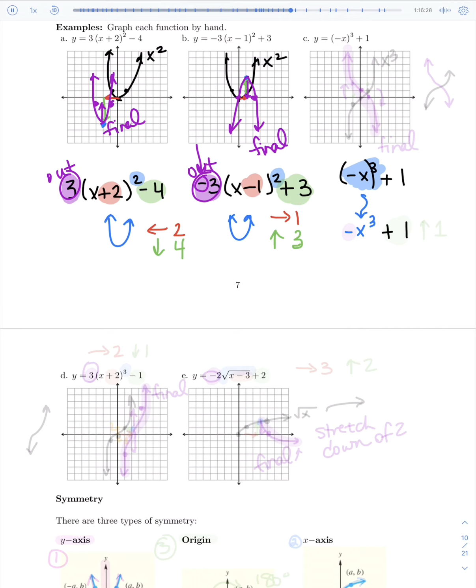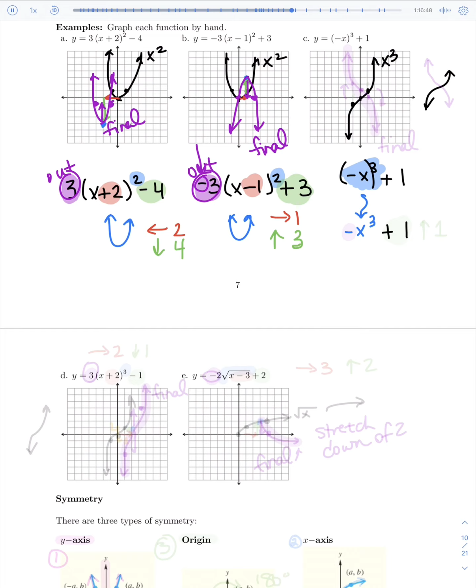This normal graph, without the negative and without the 1, the x cubed graph, remember, looks like the snake going upward. It goes through (0, 0), (1, 1), and (−1, −1), and looks something kind of like this before it's been altered in any way.